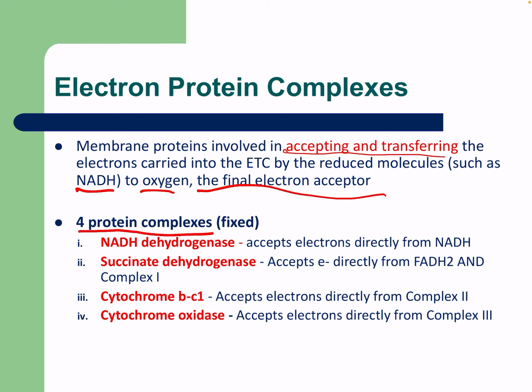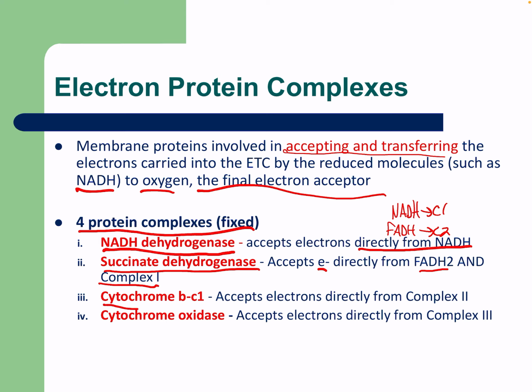The 4 protein complexes are fixed, so they have names. So complex 1 is NADH dehydrogenase, which accepts electrons directly from NADH. So as I said, NADH goes to complex 1, where FADH will enter at complex 2. So complex 2 is called succinate dehydrogenase, which accepts electrons directly from FADH.